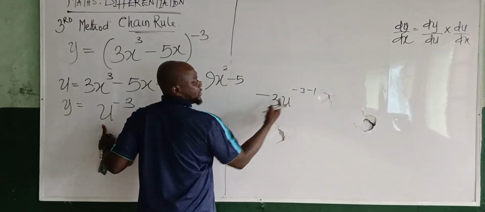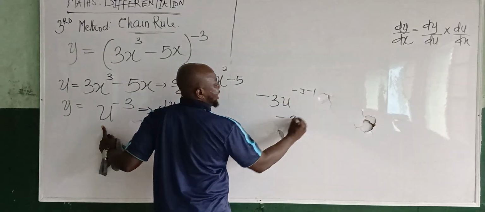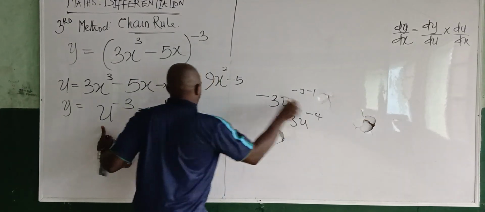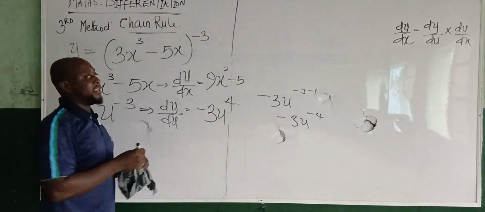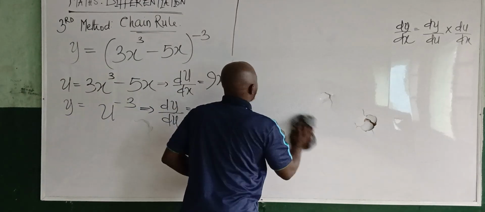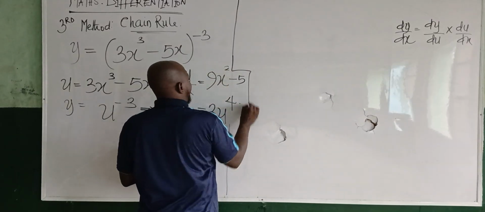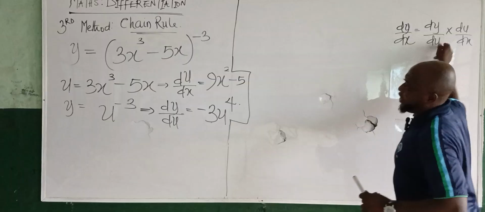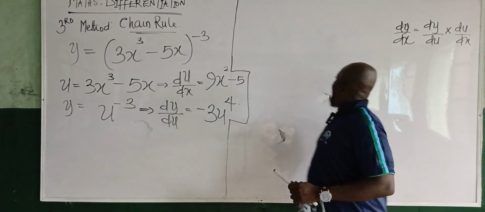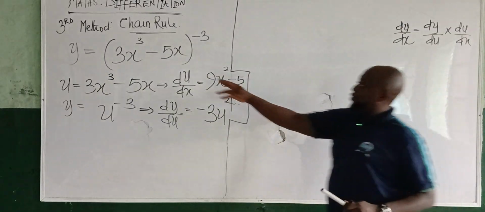I'm using this minus 3 to multiply this one first. So I'm having 3u, do that, I'm having minus 4. So all of this now becomes minus 3u raised to the power of minus 4. That's what I'm having here. Now, going by the formula, if you check, we will know that this is the formula here. So I've gotten my dy du. This is my dy du here. I've gotten my du dx. This is my du dx here.